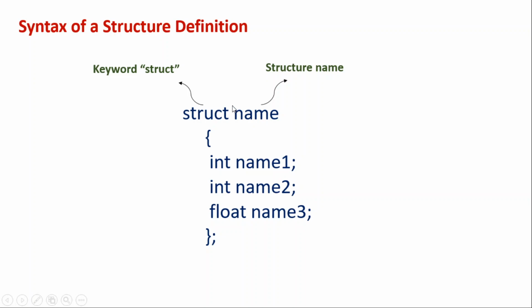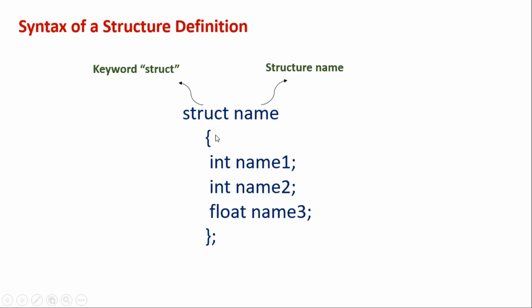With the keyword struct I have started defining a structure, and then I have to give a name for the structure, and that name is given here. It can be anything, any logically reasonable name you can use. So here I have used name as the name of the structure. So struct, then the name of the structure.